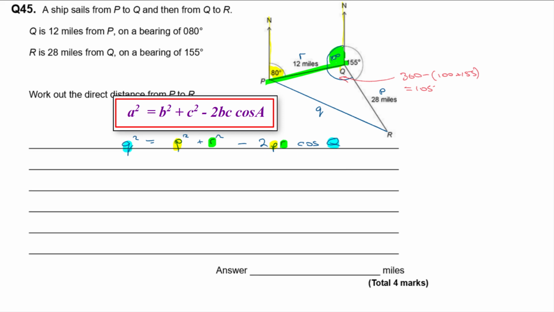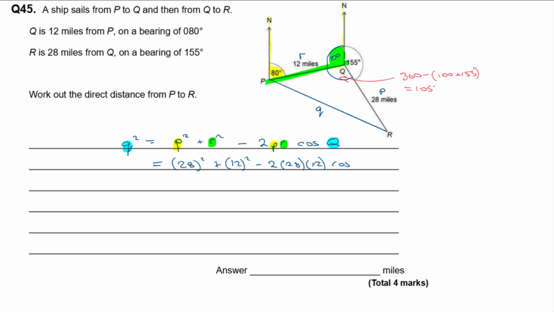We can then just sub into our corresponding version of the cosine rule. P is 28, so 28 squared, plus R, which is 12, 12 squared, minus 2 lots of 28, lots of 12, cos, and then Q, we just worked out to be 105, didn't we?